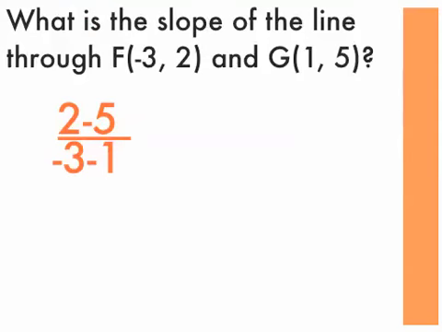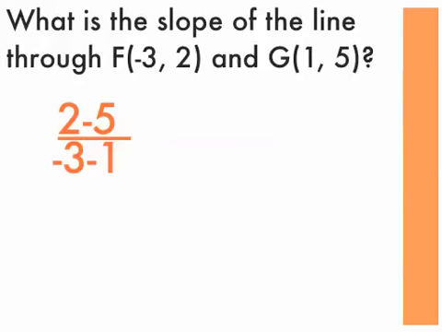Notice that's my y value from f minus my y value from g over negative 3 minus 1. Notice 2 is on top first and negative 3 is on bottom first because they both come from the point f. And then notice that I'm subtracting 5 second on top and I'm subtracting 1 second on bottom because they both come from point g.